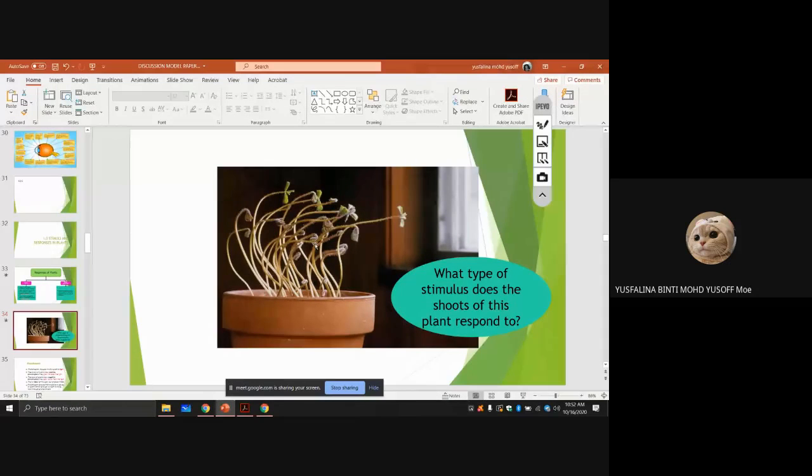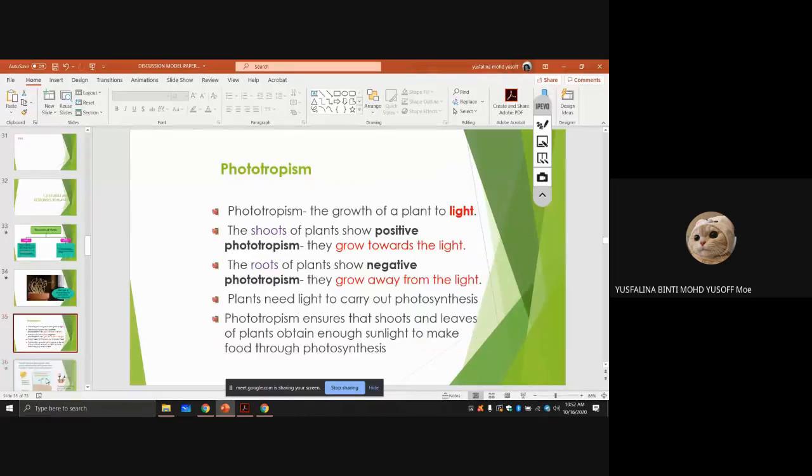For example, the first one is phototropism. Photo is actually light, so light tropism. Phototropism is the growth of a plant to light. Usually the shoots of the plant show positive phototropism, meaning they grow towards the light.